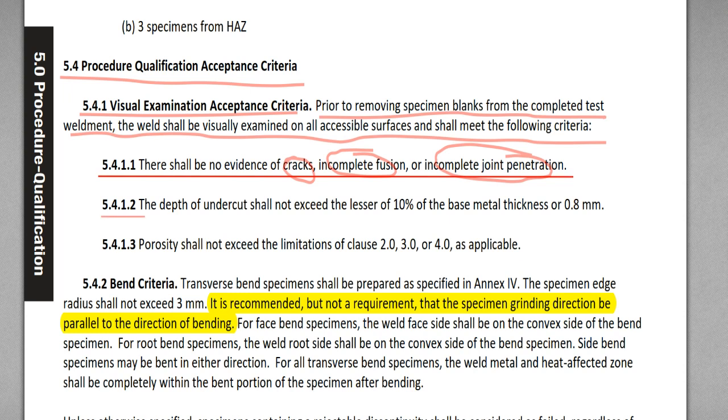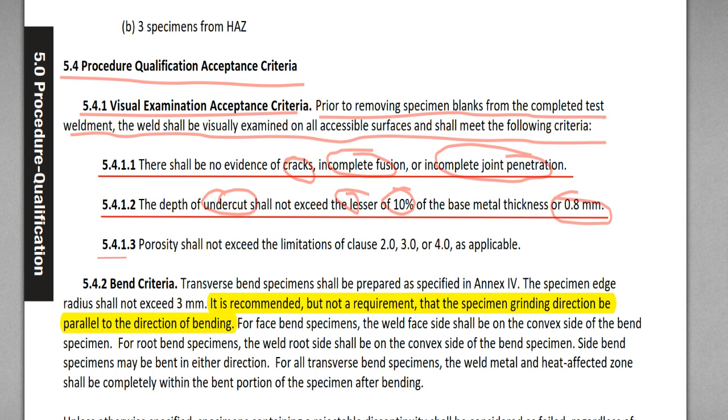5.4.1.2 The depth of undercut shall not exceed the lesser of 10% of the base metal thickness or 0.8 millimeter. So the depth of undercut must not be greater than 0.8 millimeter or 10% of the base metal thickness, and you select the smaller of these two.